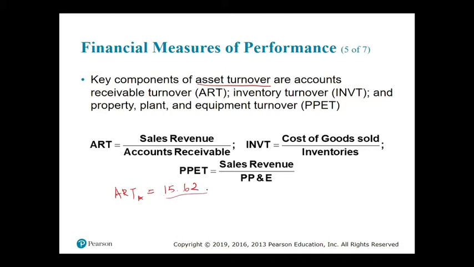Comparing to its account payable turnover, this is a much higher amount, meaning that Amazon is actually able to collect money fairly quickly and pay money at a much slower pace. And so this translates to about 3.33 weeks on average that they're able to collect the money from sales.